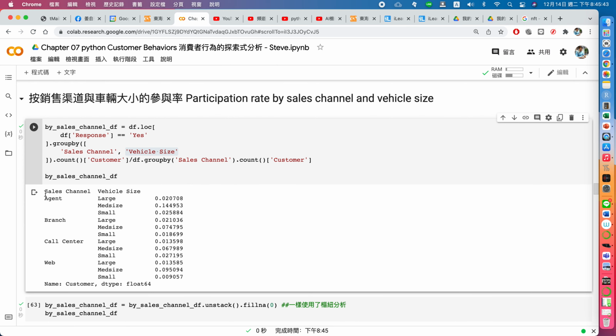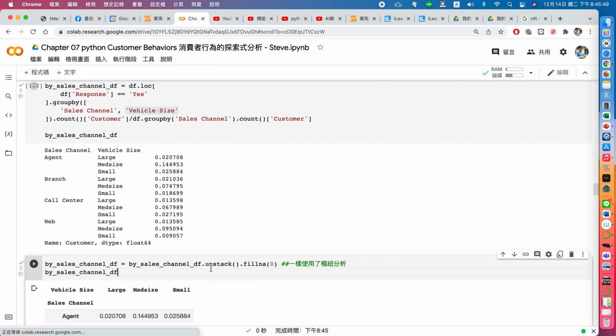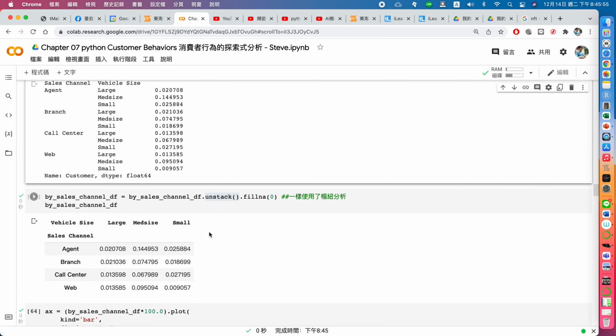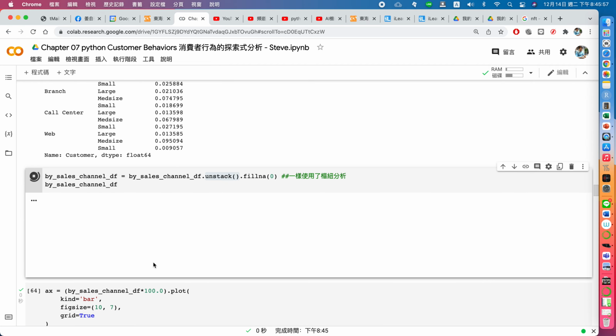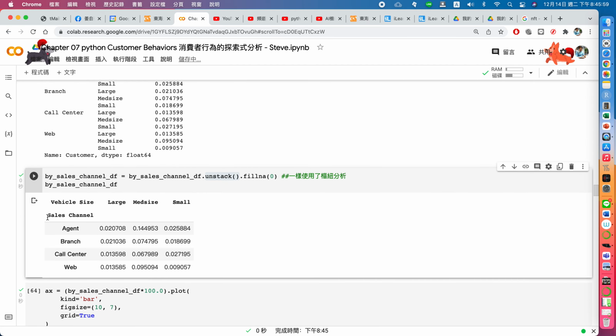Here you may find the sales channel with the vehicle size. We also can use the unstack function to create the pivot tables with the sales channel and the vehicle size to get this matrix.